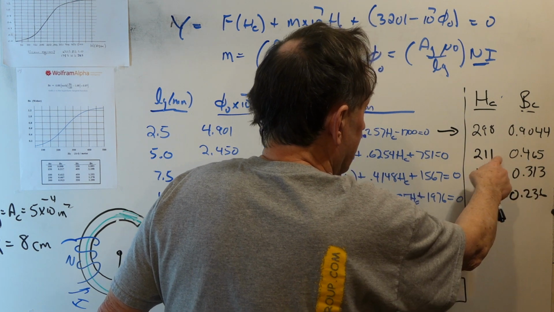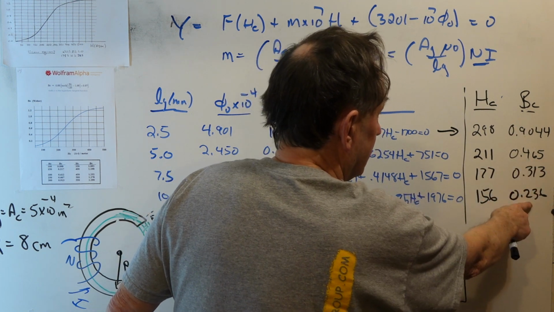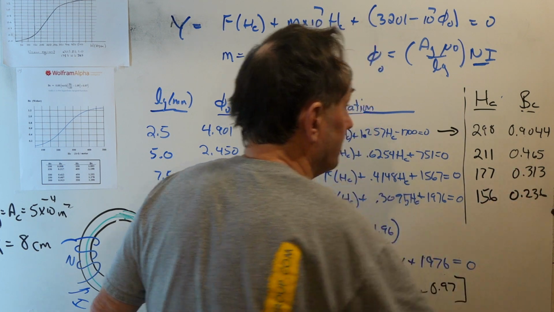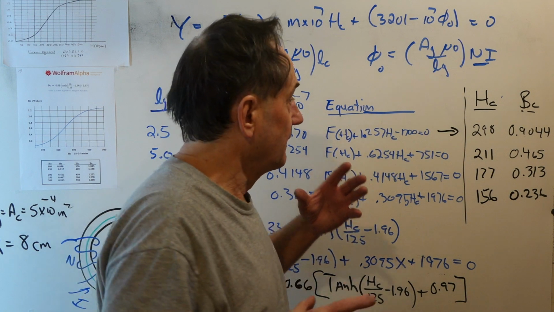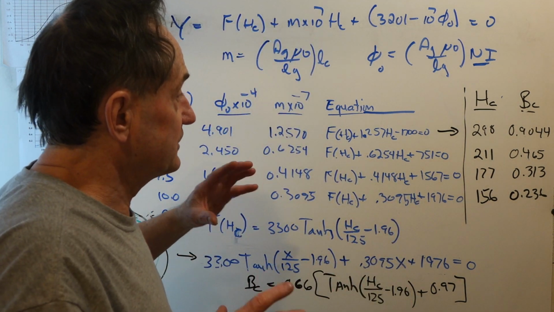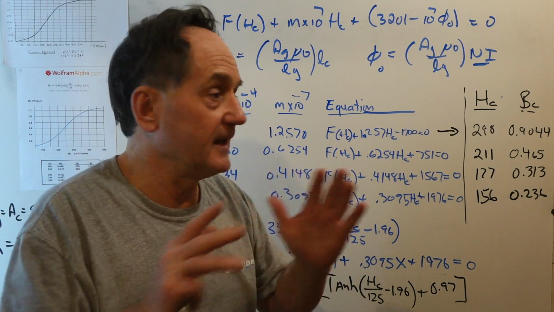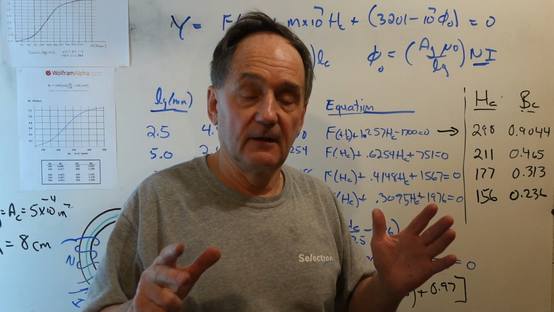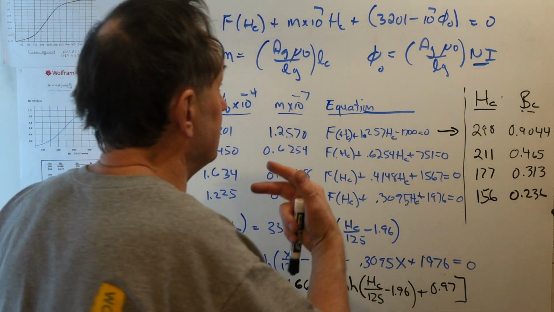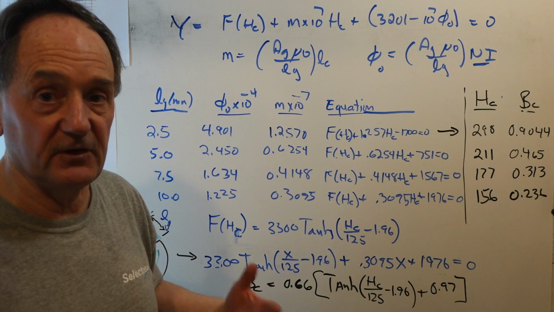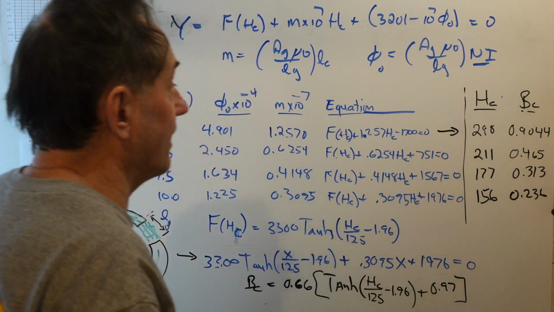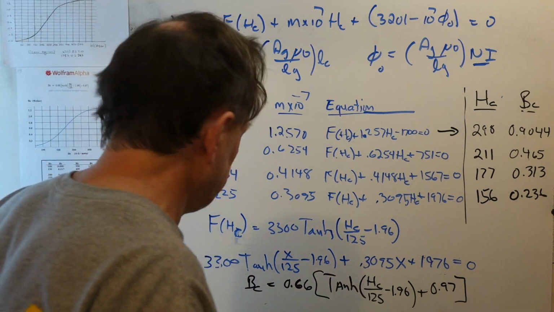And if we double again from 5 to 10, it again drops by about half, from 0.46 to 0.23. That's because most of the ampere-turns, the magnetomotive force, is dropped in the air gap, and the relationship between gap length and the B field will be linear because of the linear relationship between the H field and the B field due to the permeability of the air in the gap.